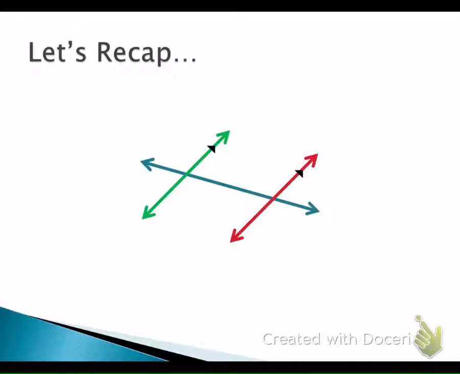Get one color out. We're going to go just one color at first. Once you have this drawn, let's review what we learned. So, highlight this one in red. Your first color. I have red, sorry. Color number 1. Okay, so the first thing we learned is that corresponding angles are congruent. So whatever this one is, the corresponding angle will be the same thing. So I'm going to color this in.